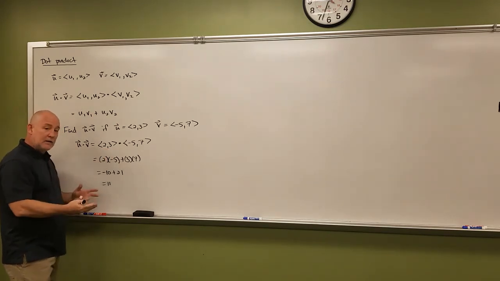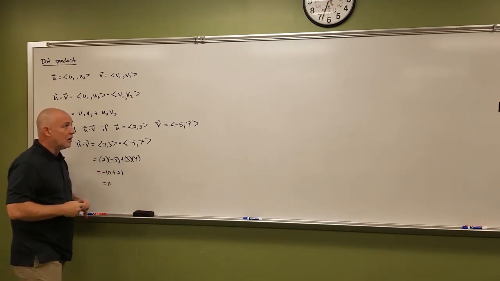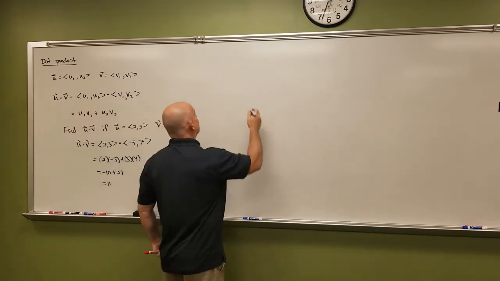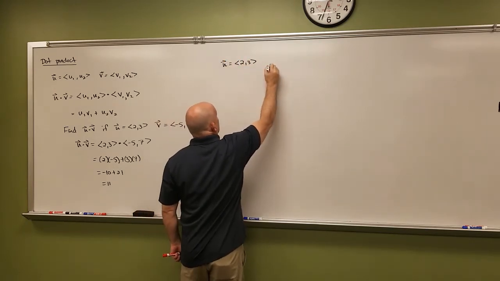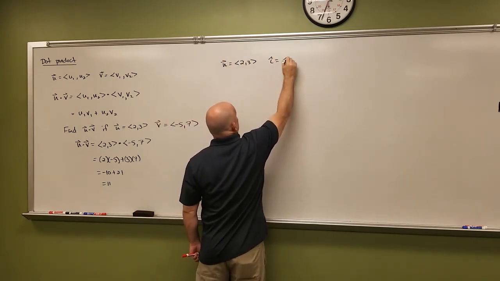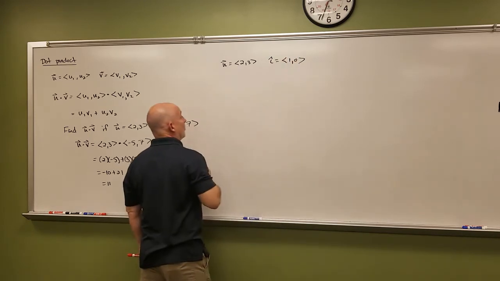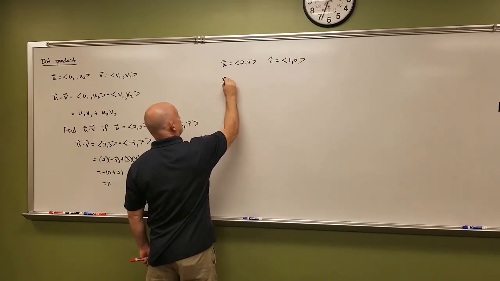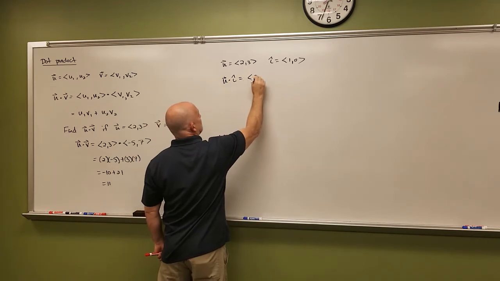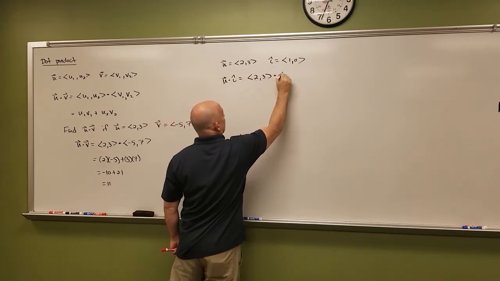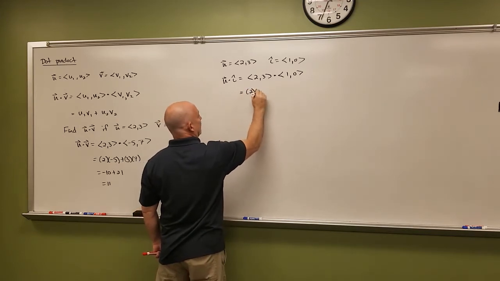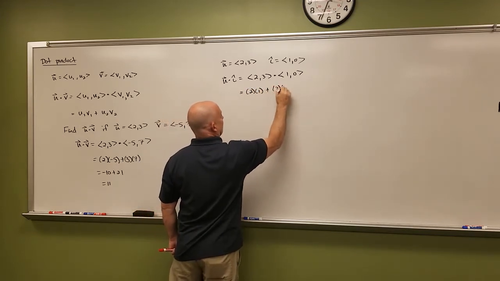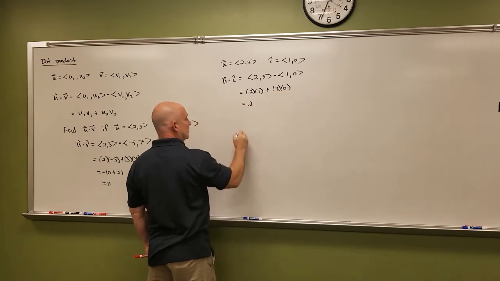Now, your dot product can be negative. That's kind of a weird way to think about it. Like I said, hence the kind of. See, watch what I mean. If we had the vector u, and let's keep it as (2, 3), and the vector i, remember, that's our standard unit vector (1, 0). Well, u dot i would be (2, 3) dotted with (1, 0). Again, after practicing a little bit, you don't need to write this step in here, 3 times 0, which is just 2.